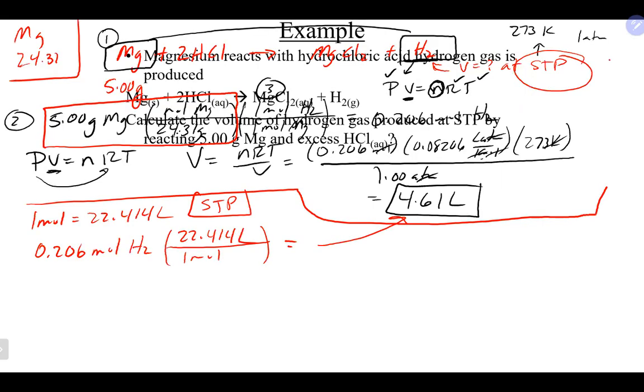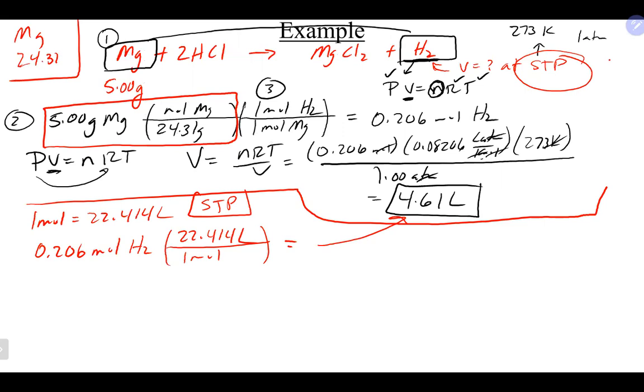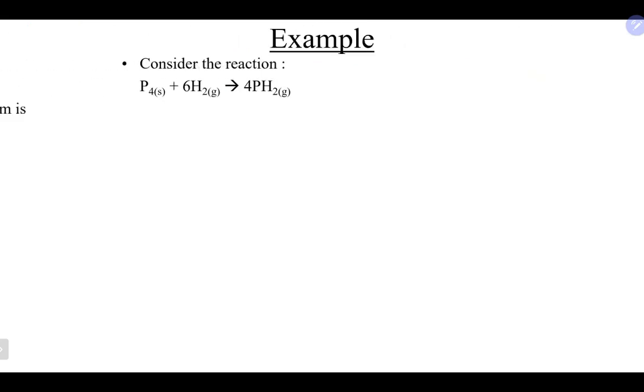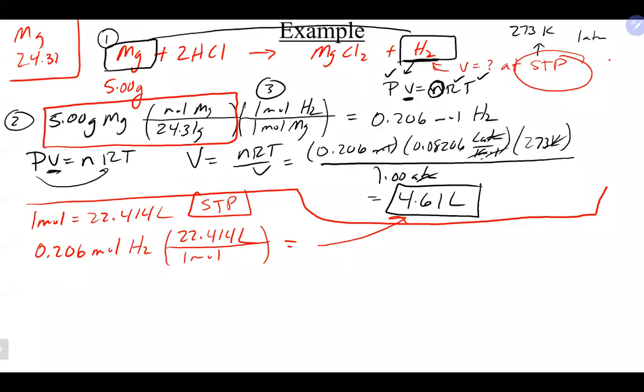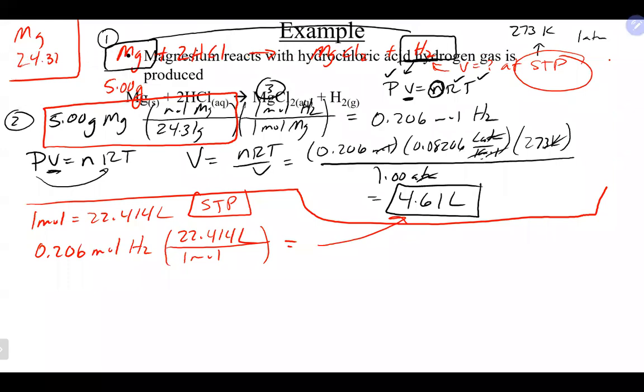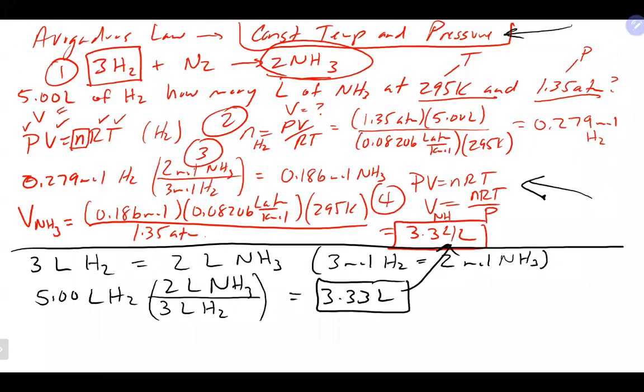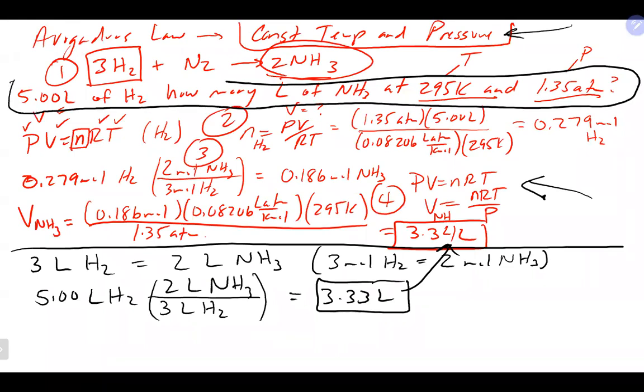So in this particular case, if we back up to my original question, it was basically 5 liters of H2, how many liters of NH3 at 295 Kelvin and 1.35 atmospheres.